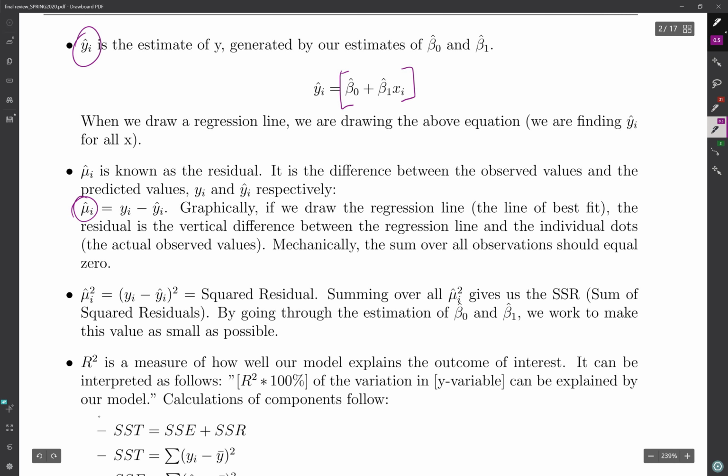It's just the difference between our prediction and the actual data. So, for example, if we had our observations and we've got a regression line, the residual is just the difference between our estimate, which is on the line, and the actual value.